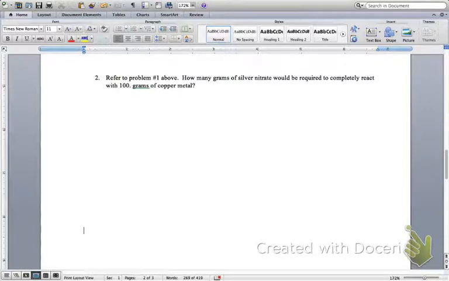All right. So it says, refer to problem number 1 above. How many grams of silver nitrate are required to completely react with the 100 grams of copper metal? So again, we need that balanced chemical equation.